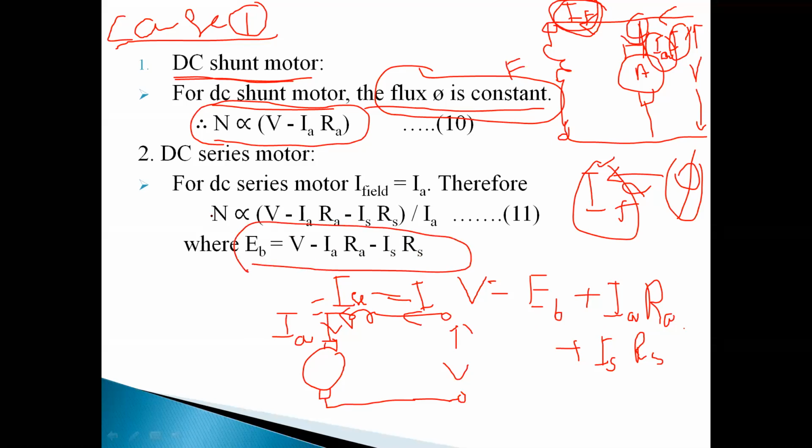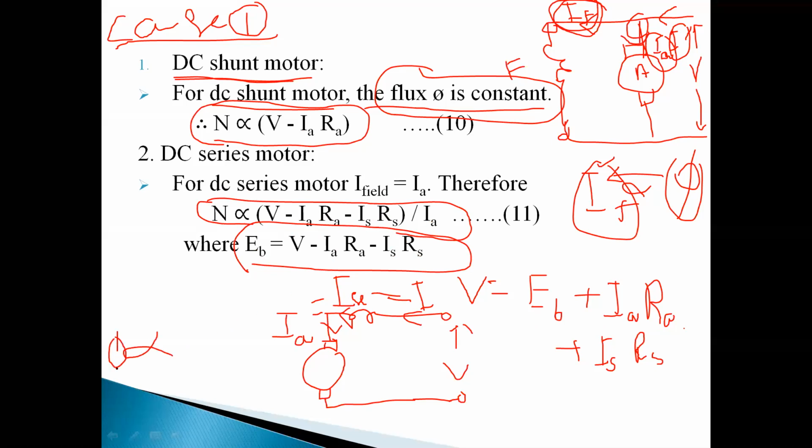Because back EMF is this one, the speed of the series motor is given by this. V minus IA RA is common with the shunt motor. Further, the IS RS drop is divided by IA, because flux is proportional to armature current.